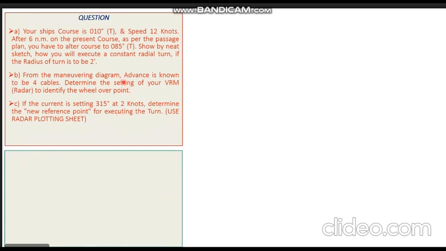Now, before we go into the solution of the question, one thing which is mentioned here, which I would like to take your attention to, is they have mentioned here that the advance is known to be 4 cables. Now, the advance is basically the distance traveled by the ship in the direction of the initial course.